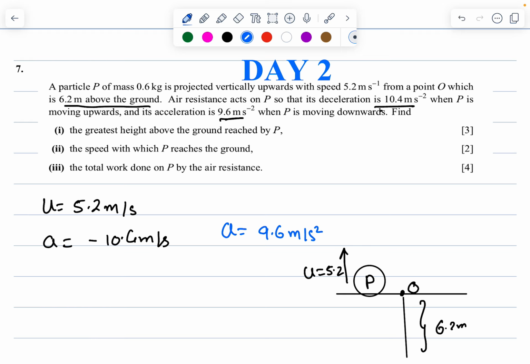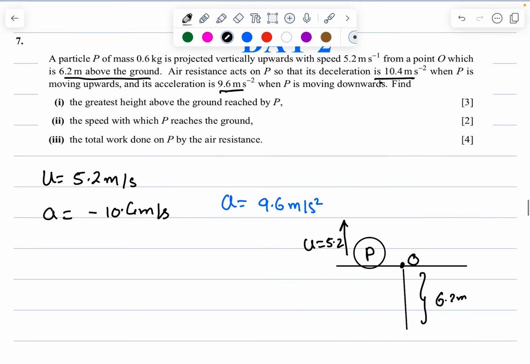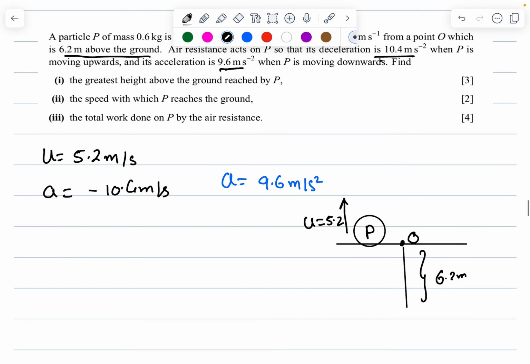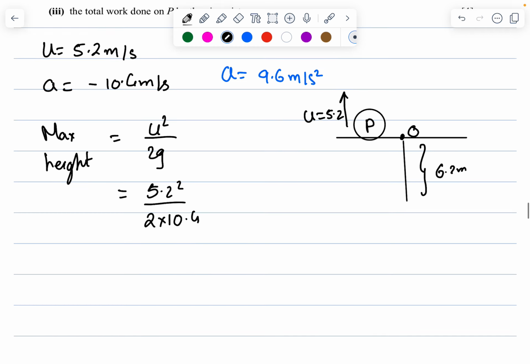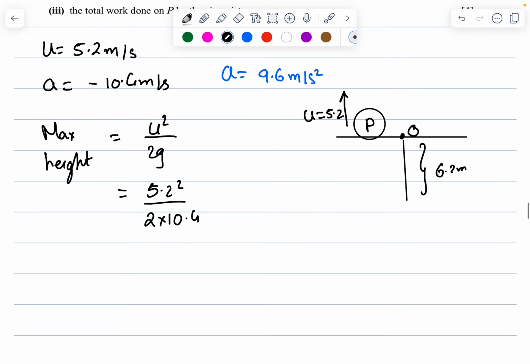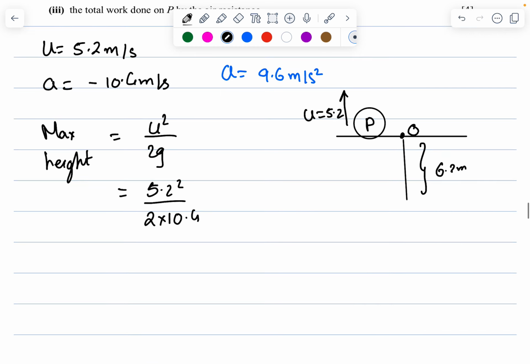The maximum height formula is u squared upon 2g, which is 5.2 squared upon 2 times 10.4, giving the answer 7.5.